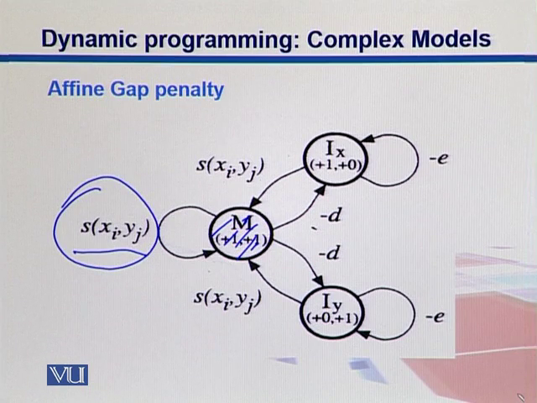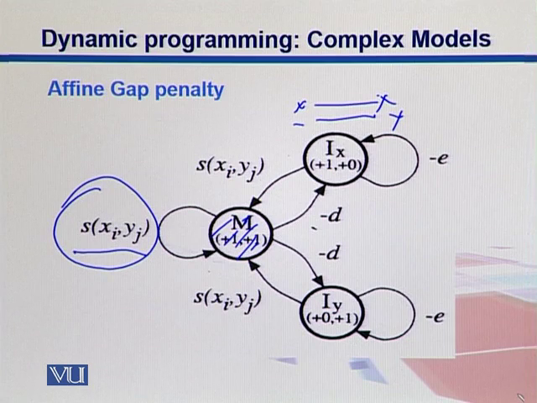Sometimes we get an insertion on, say for example, x, our top strand, and y is our bottom strand. So here we can observe insertion on x. We can have some symbol on x, but we have a gap on y. In that case, from this match state with the penalty minus d, which is the gap open penalty, the system moves to this situation where we have Ix, insertion over x and a gap over y.